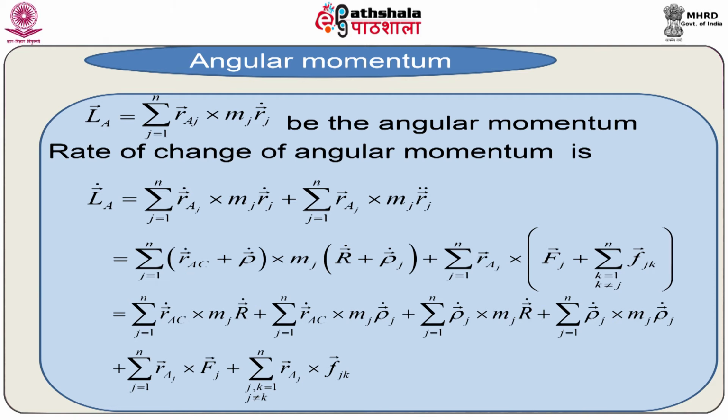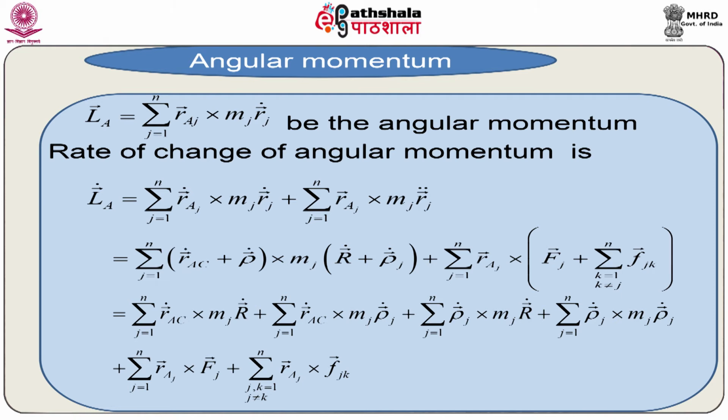Which can be written in this way. This gives 0 vector as the cross product of the same vector vanishes. So, we get this result 0. Finally, we get this one.